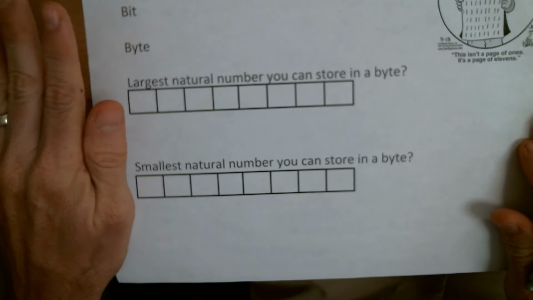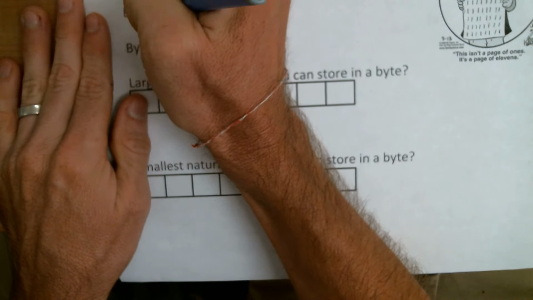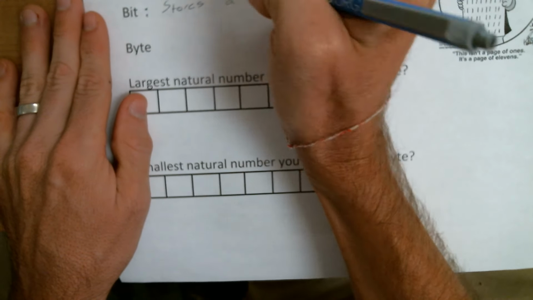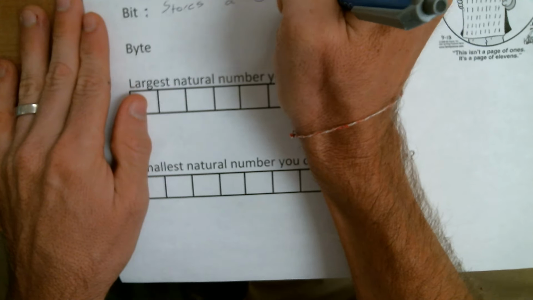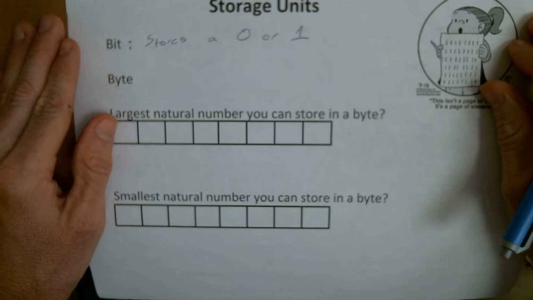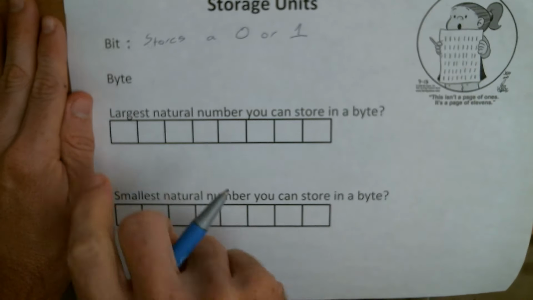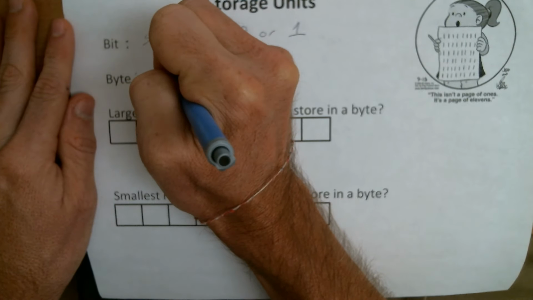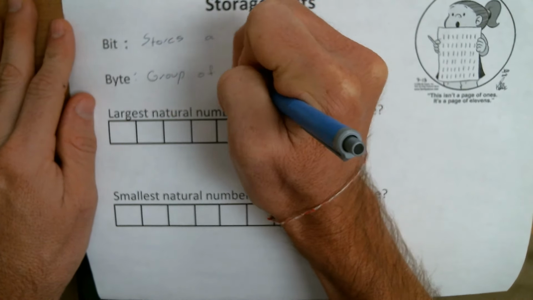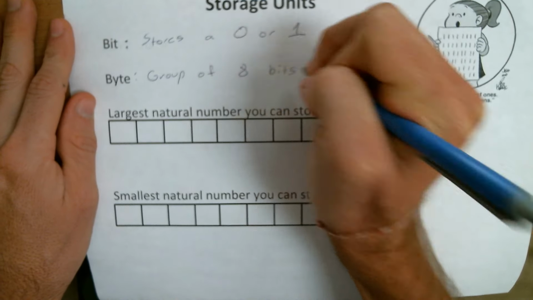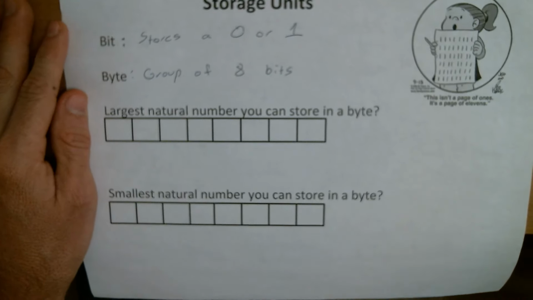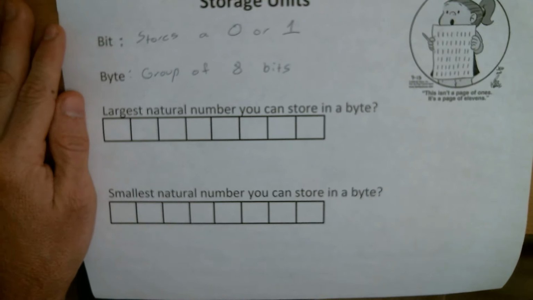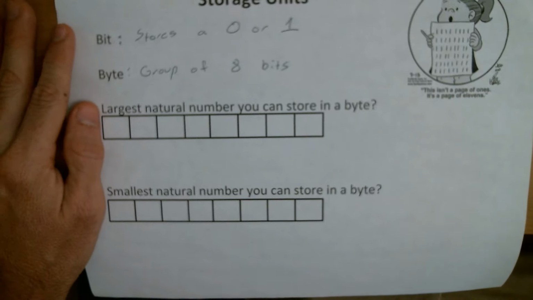So in a computer, we have a bit, and a bit is our smallest unit of storage, and it stores a 0 or 1. A byte is a group of 8 bits.